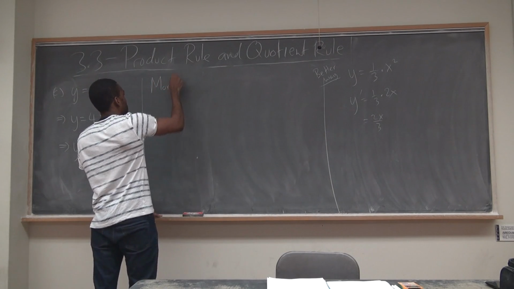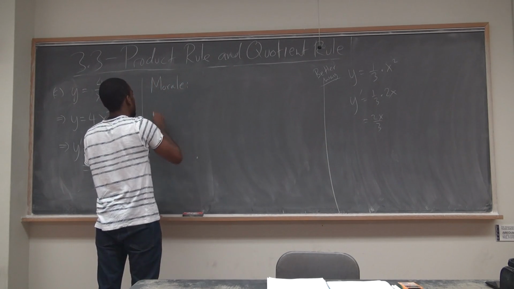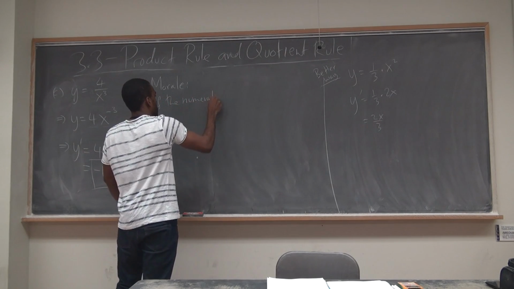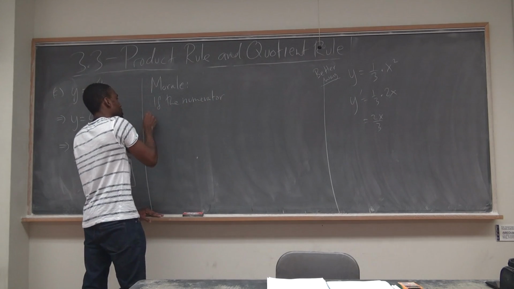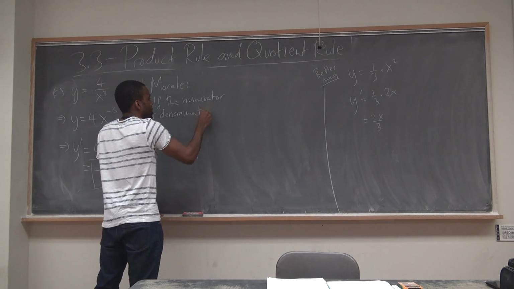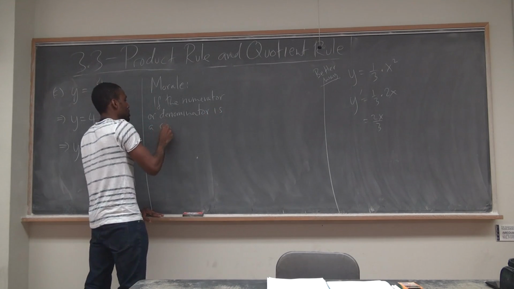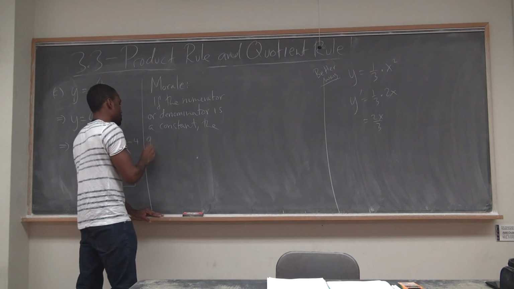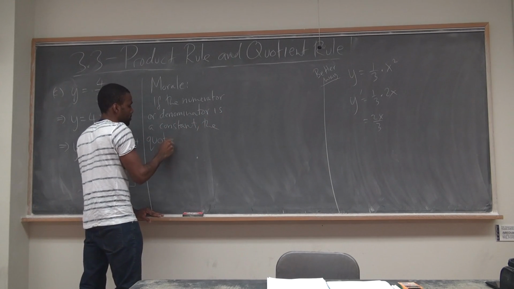The moral here: if the numerator, and especially the denominator, is a constant, the quotient rule tends to be a waste of time.